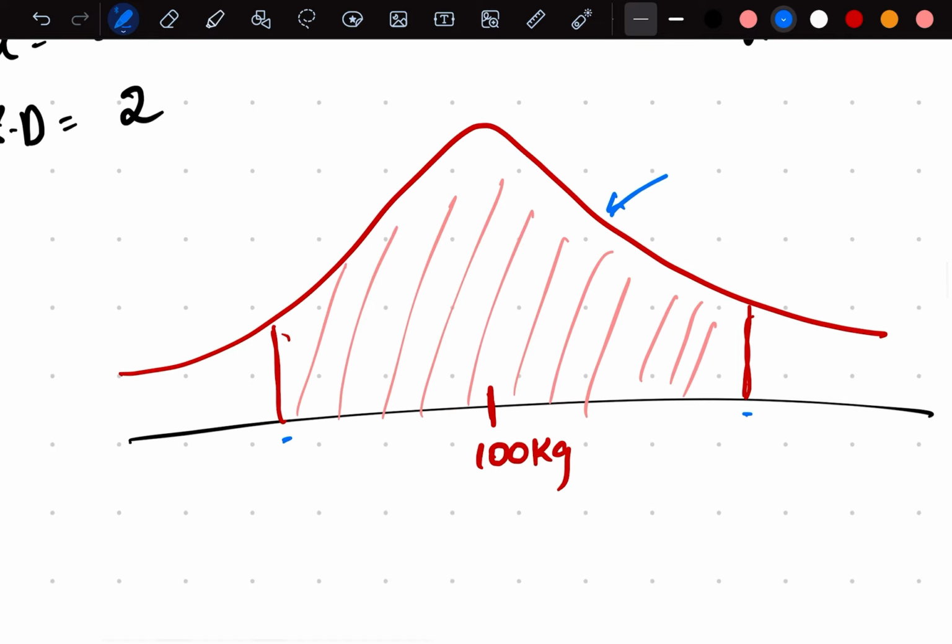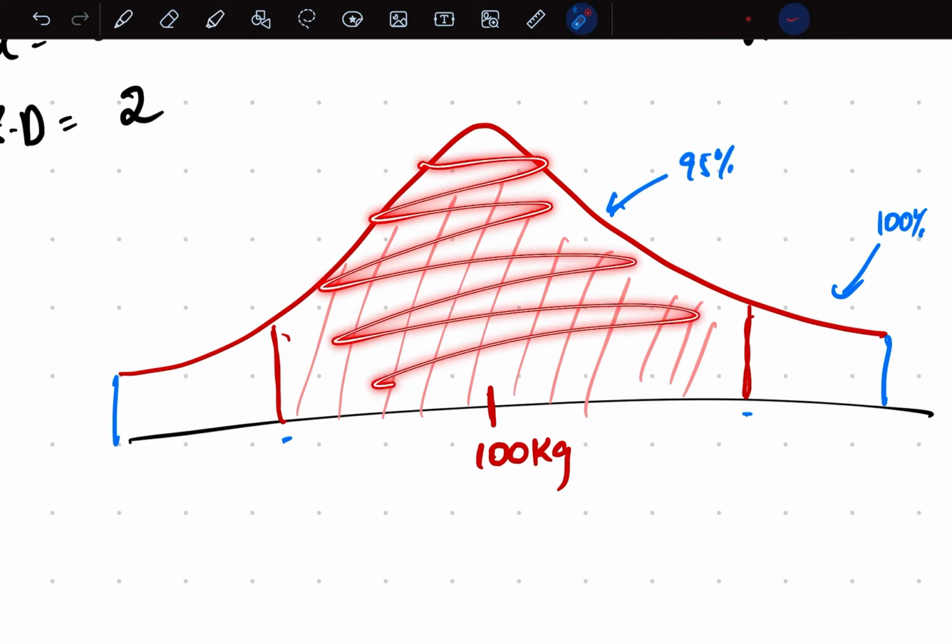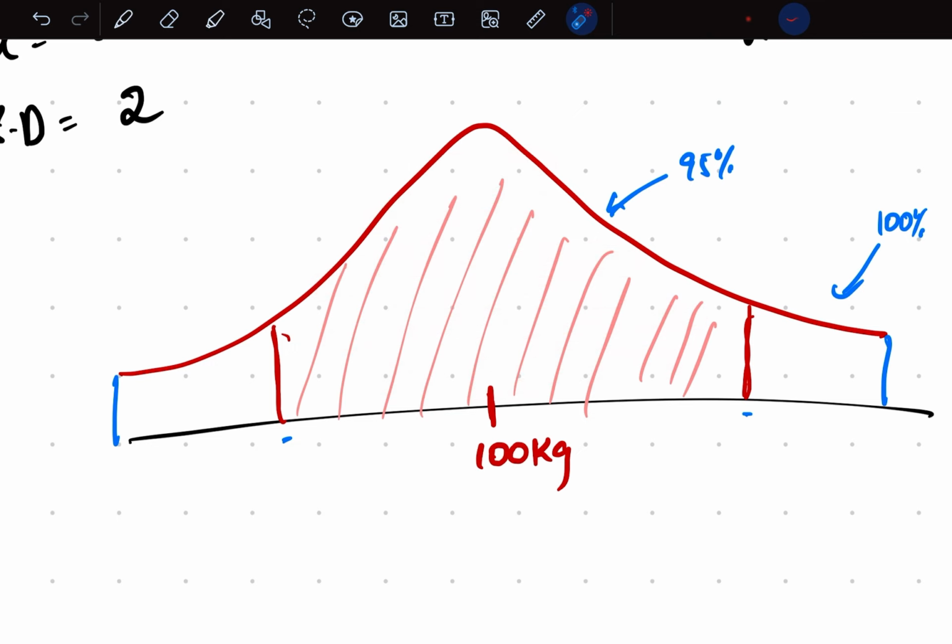Let's suppose this is the distribution, and the whole area is 100%. 95% of the data lies in this period. Only 5% of the data lies here.